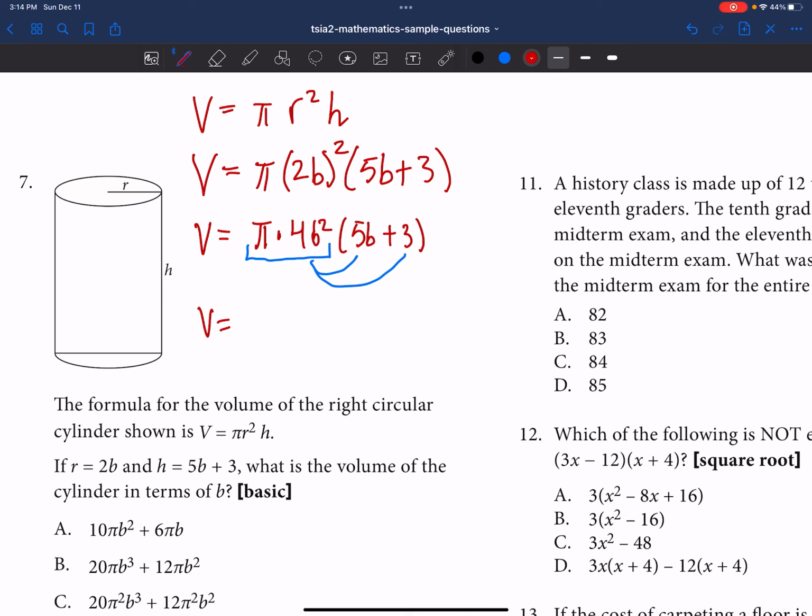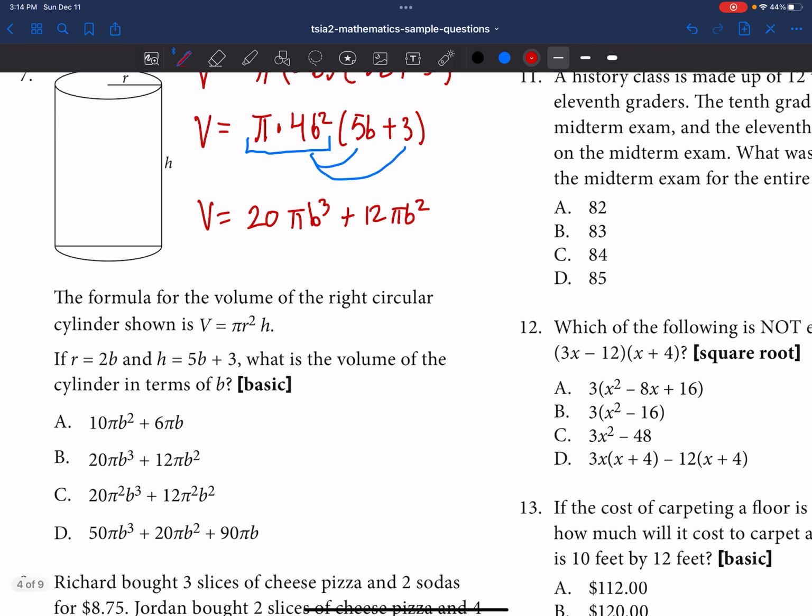So let's see, 4 times 5 is 20, so this could be 20 pi b squared times b, which is b cubed. And then you do 3 times 4, which is 12, and then it's just pi b squared. And now there's just simple distribution. So we look for the answer choice. Is it B? Yeah. Okay.